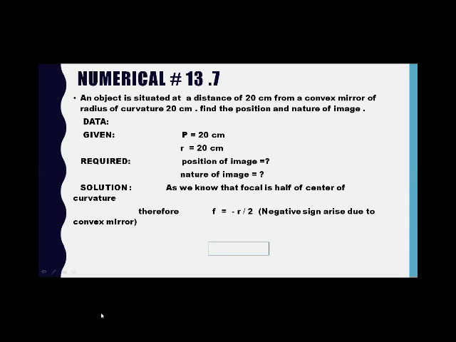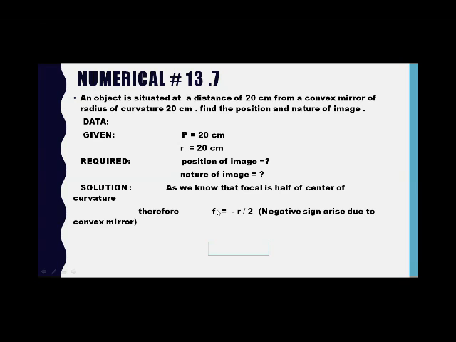So that's why I'm showing f is equal to negative r upon 2, meaning the negative sign arises due to the convex mirror. Here the mirror is convex, so its focal length is negative.